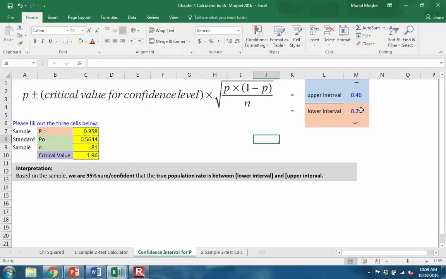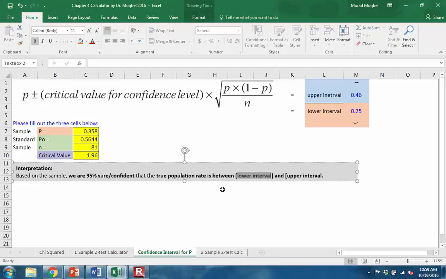Here we go. So now we can conclude, we can say, based on the sample that we calculated here using our Excel, we are 95% sure or confident that the true population rate is between, in this case, 25% and 46%.